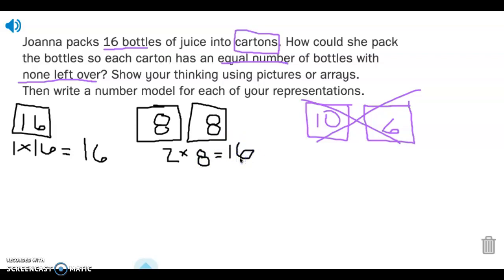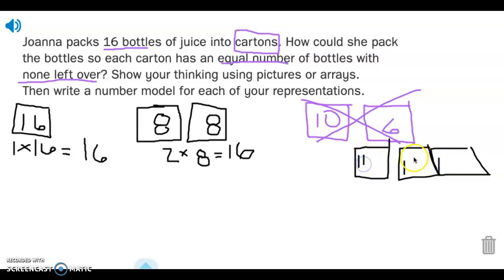And there's one other way we can figure out if 16 fits into cartons equally. Well, maybe you're like, I'm going to try 3. Okay, well, you definitely could. And maybe I could do arrays, maybe I could do pictures. So there's my 3. And maybe I start off with tallies. 1, 2, 3.